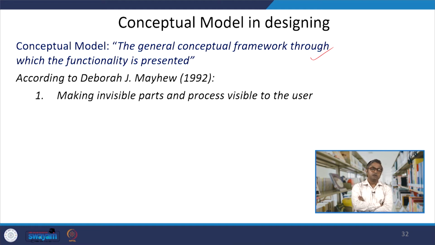Here, the designer has to ensure that he provides a visual aid to the user. There are many features, many parts, many processes which go undetected by the user.